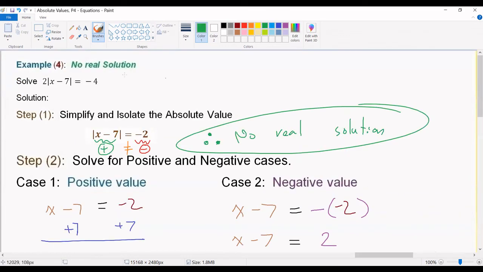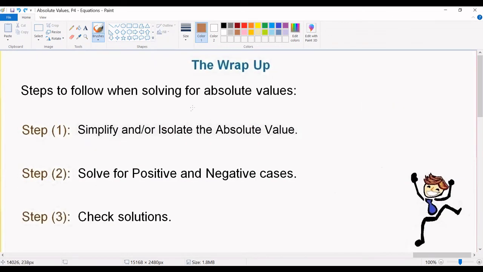And that's it for our example 4. We are able to solve absolute value equations in 3 easy steps. In our first step, we want to focus on simplifying and/or isolating our absolute values. Once that is done, in our second step, we want to set up our positive case and our negative case in order to solve for our indicated variable.